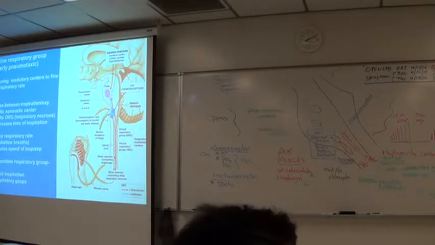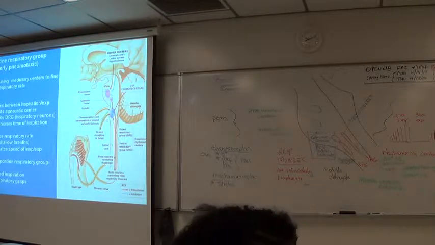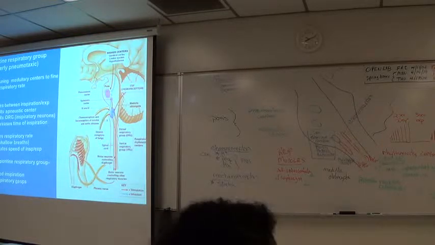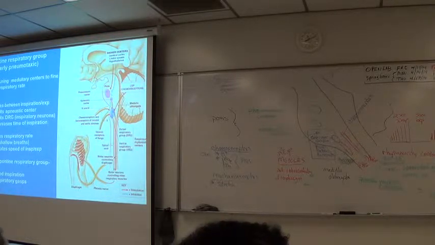With this being active, the inspiration is shorter, all right? So with the pneumotaxic group, you have a short inspiration. Without it, you have prolonged. Normal is 2 seconds in, 3 seconds out.